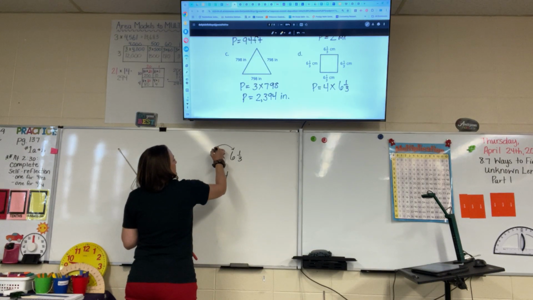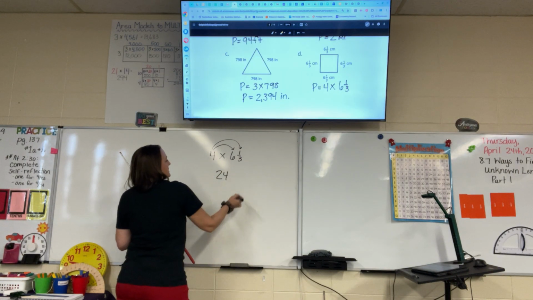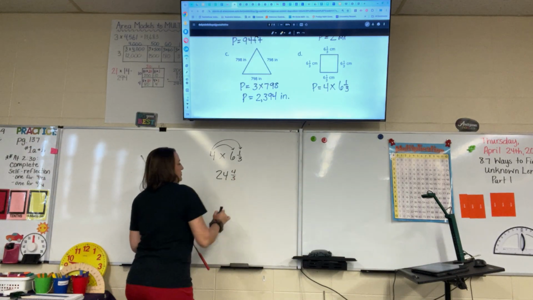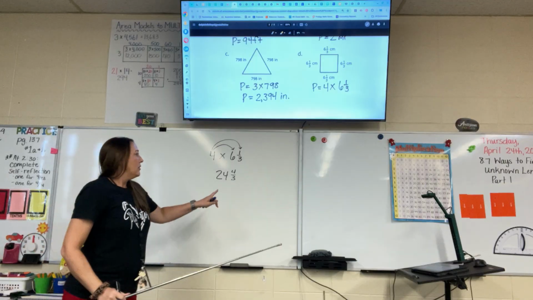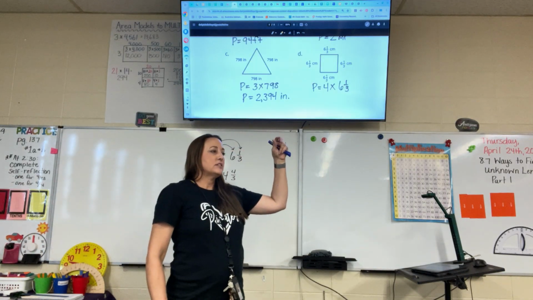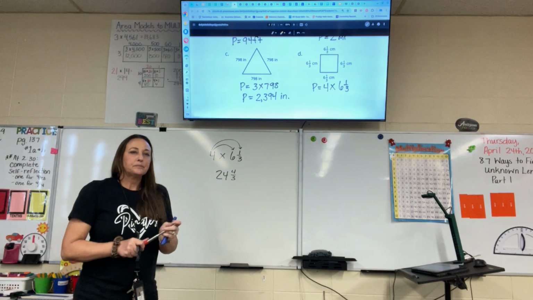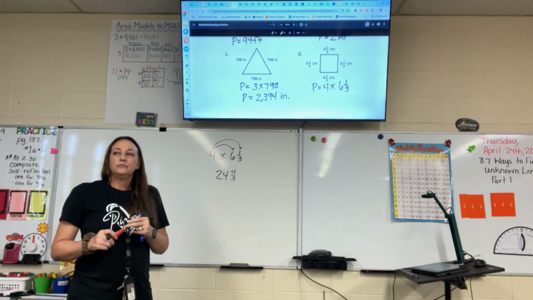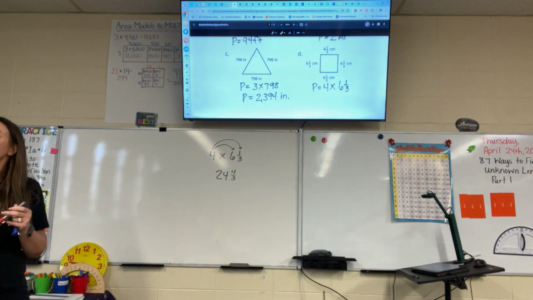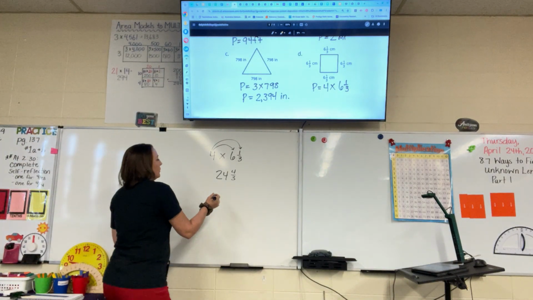And then we do 4 times 1/3, what's that? 4/3. Now, we know this fraction has a bigger number on top. What does that mean? Athena? It's going to equal 1 whole or greater than 1 whole. Mm-hmm. It's bigger than 1 whole.